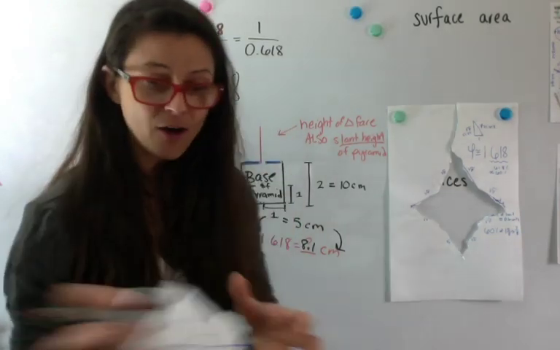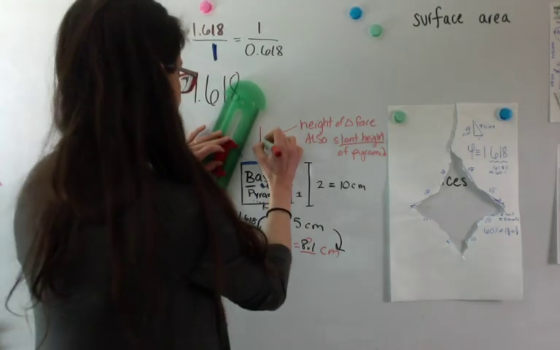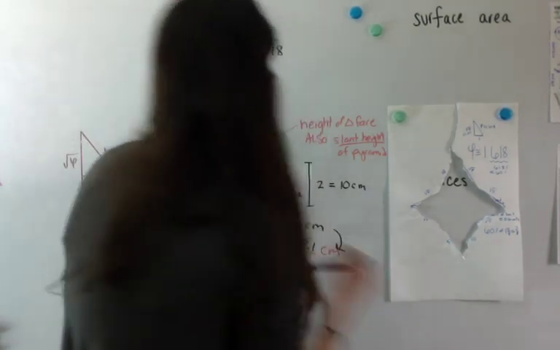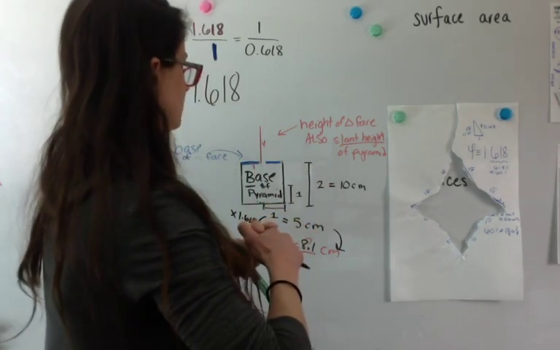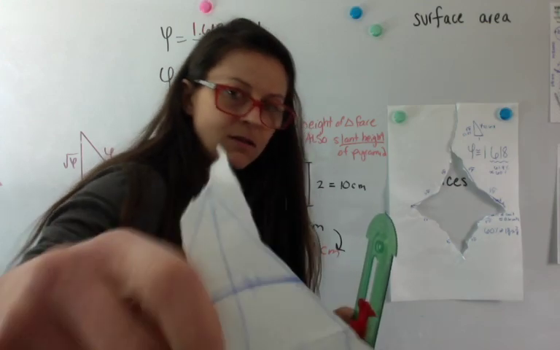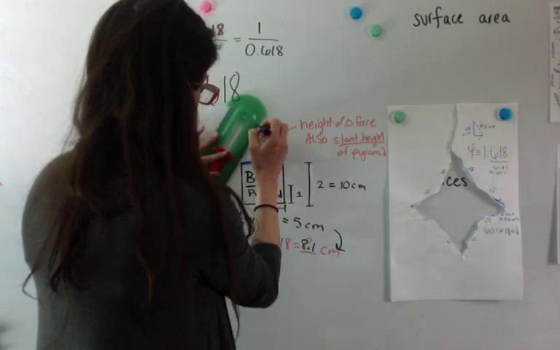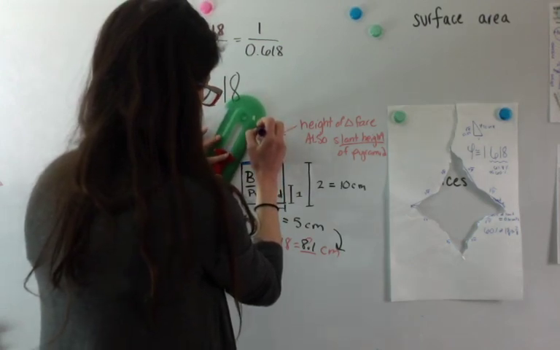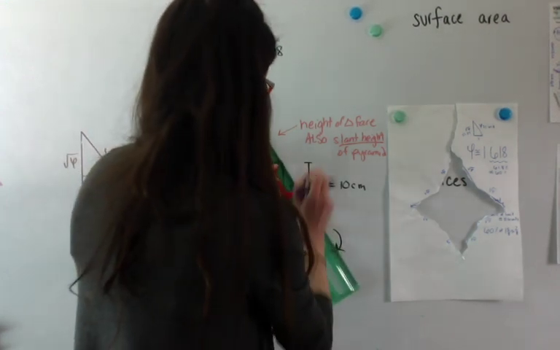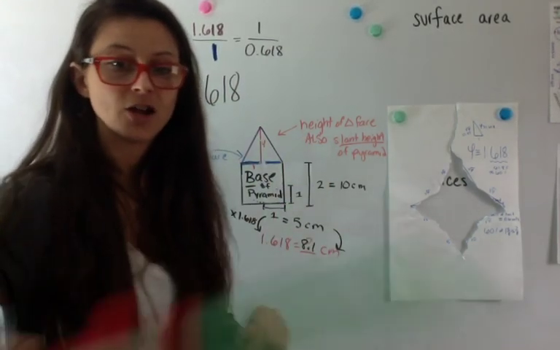Okay, and then now, if this is phi and this is 1, then I should have my first face of my triangle.